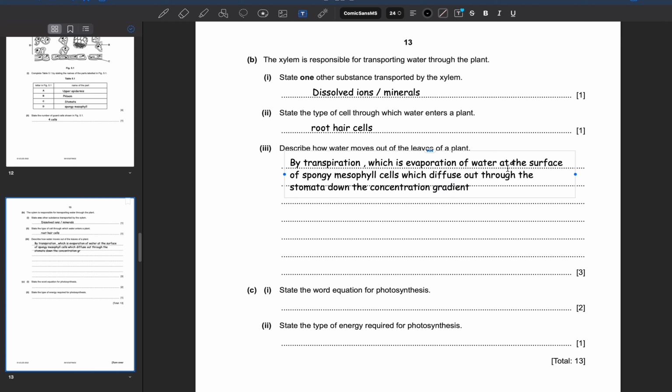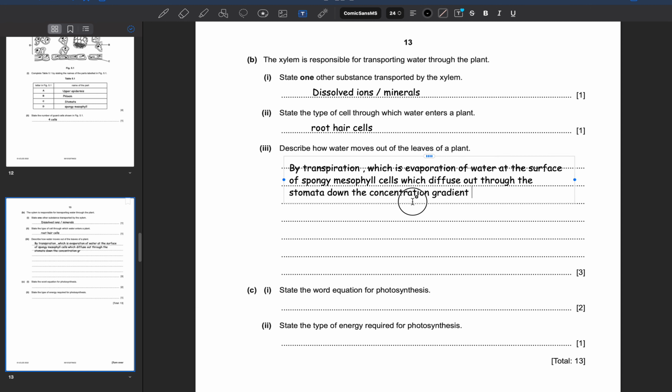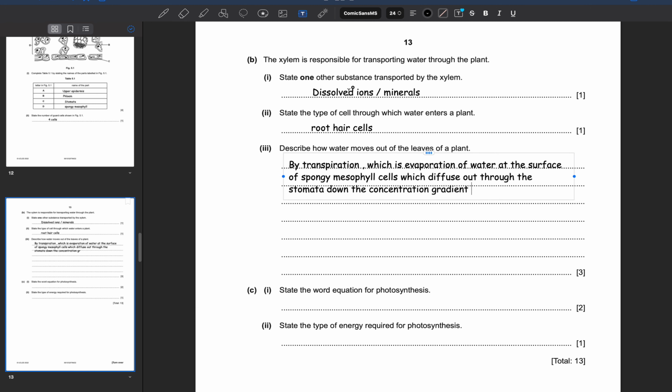Okay, this question is out of 3 marks, so I have to explain what is happening. Let's distribute the marks and see how many we got. First, by transpiration, this is 1 mark. The other mark for evaporation of water at the surface of spongy mesophyll, another mark, which by diffusion diffuse out through the stomata.